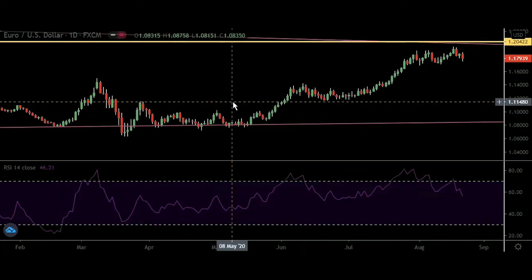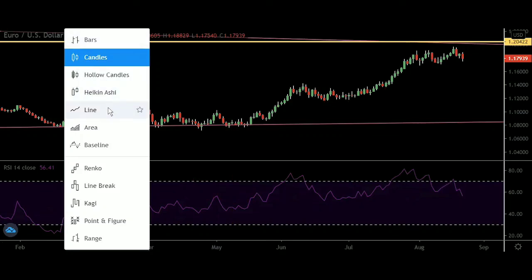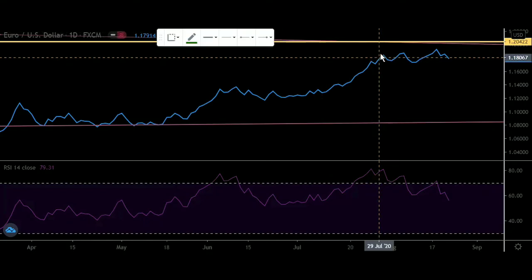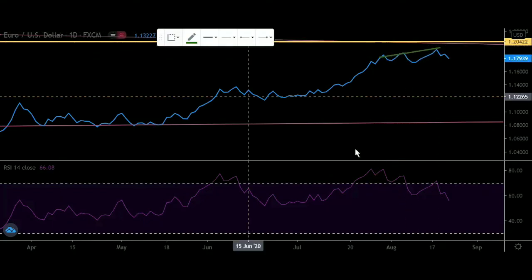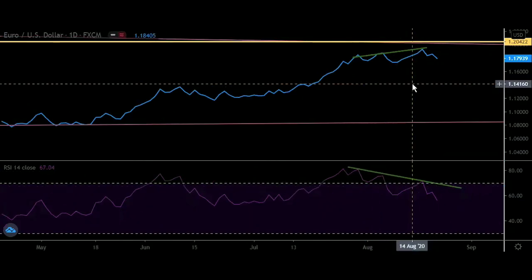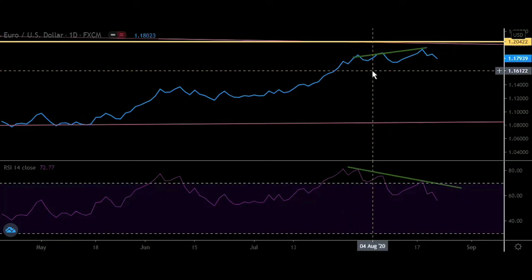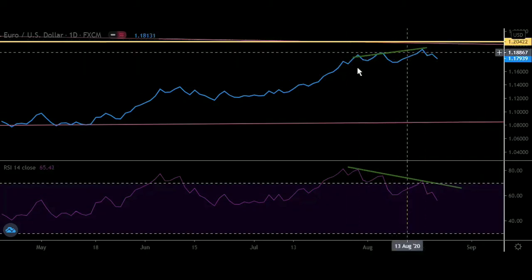Now let me change it to a line chart, and you see, my friend, here I hope you know the concept of divergence again. So I am just drawing lines with RSI and price action. So you see, price or euro made a higher high, and RSI made a lower high, correct?